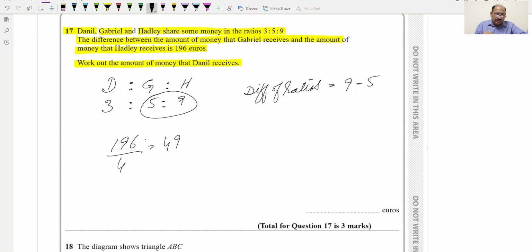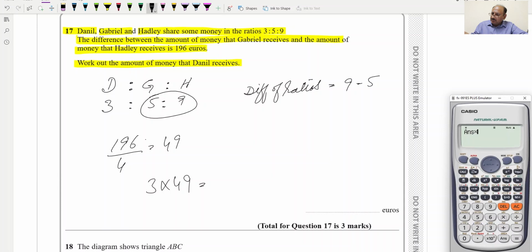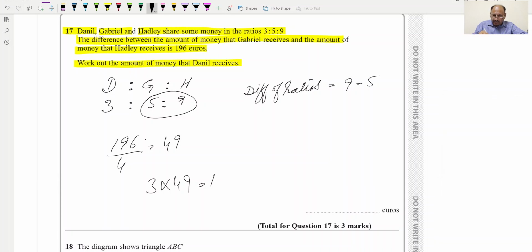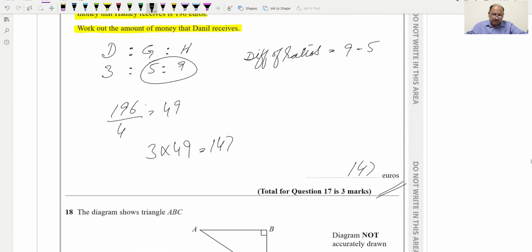Now 49 we will multiply by this, so it will be 3 into 49, which is equal to 49 multiplied by 3 is equal to 147, and 147 will be euros. This will be the answer.